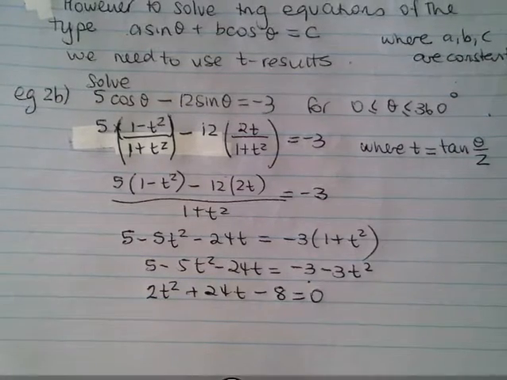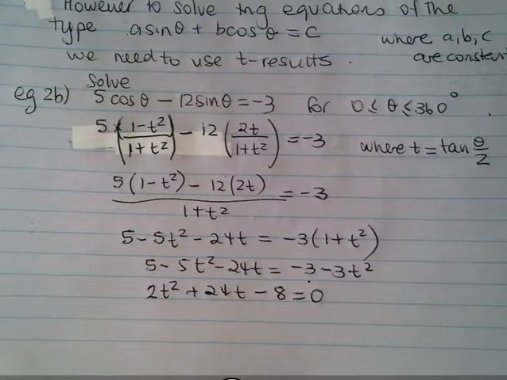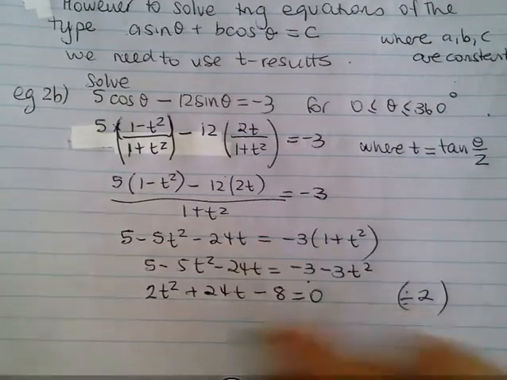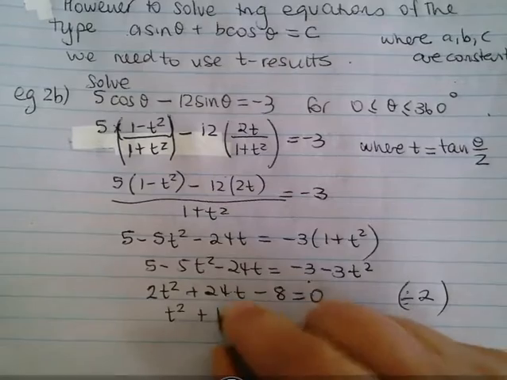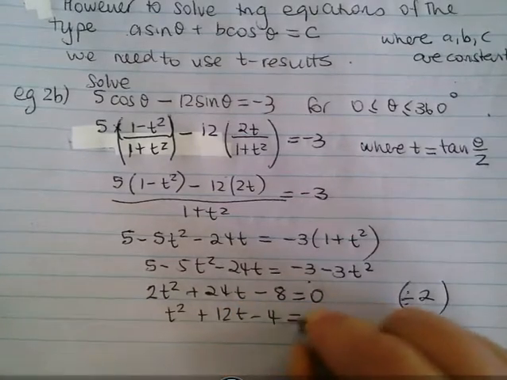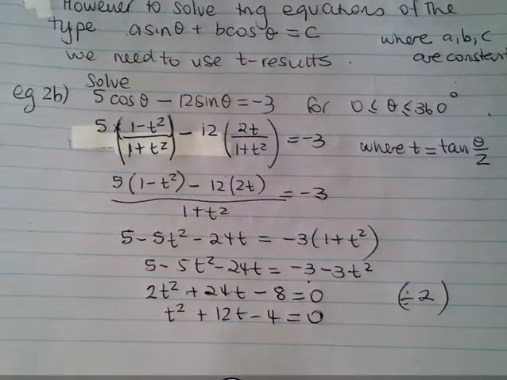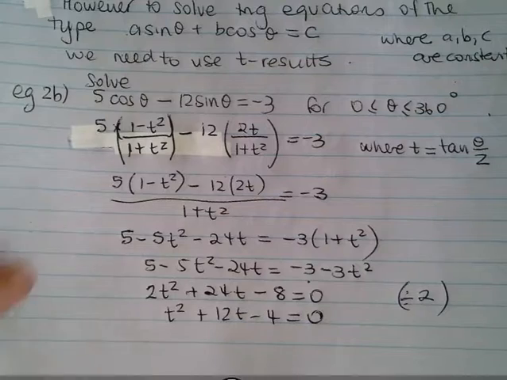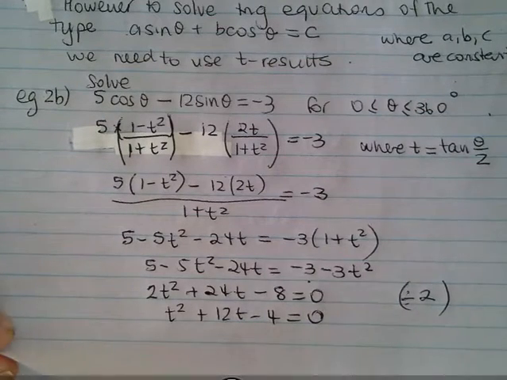What should I do just to make things a bit simpler? Yeah, divide by 2. I get t squared plus 12t minus 4 equals 0. Now I can't solve that. There are no factors of 4 that add up to 12, whether it be -4, +4 or anything. You have to use the quadratic formula.